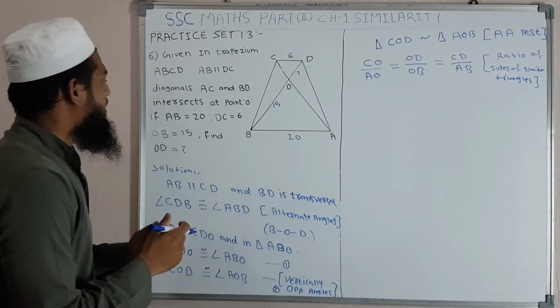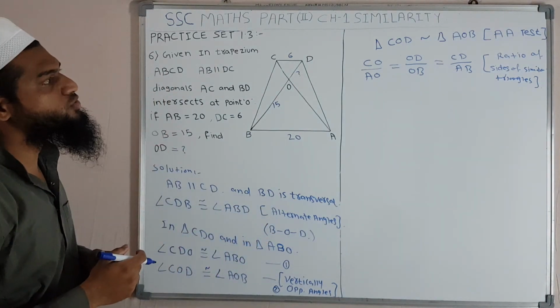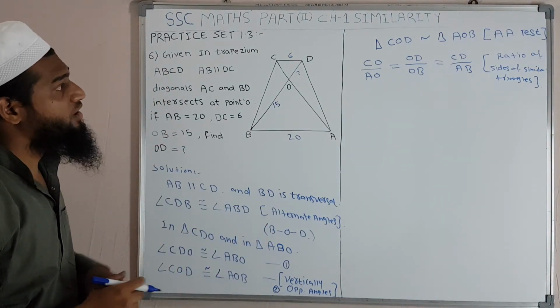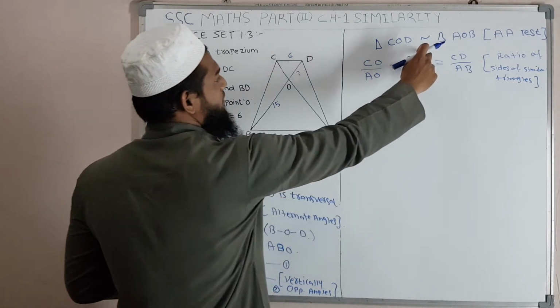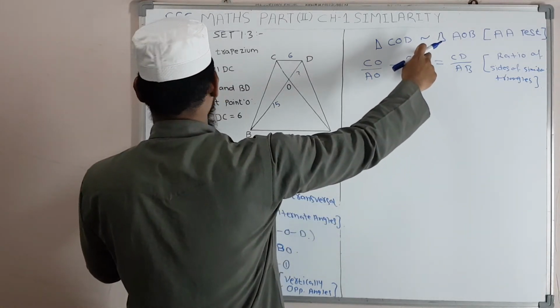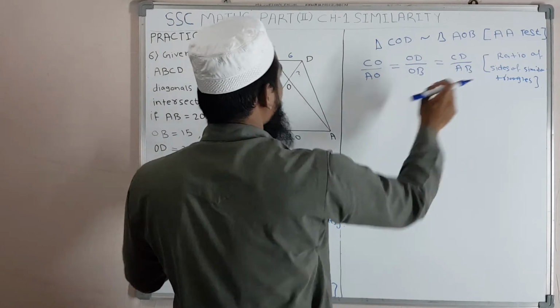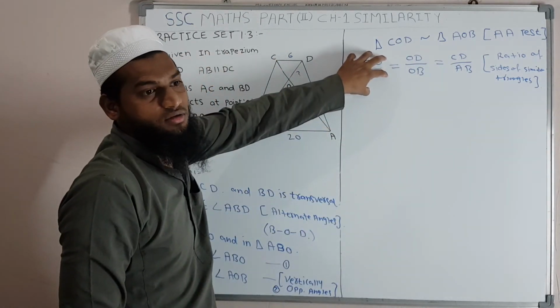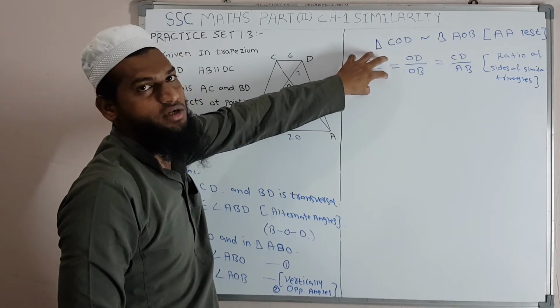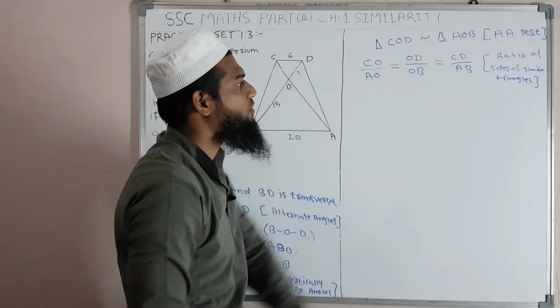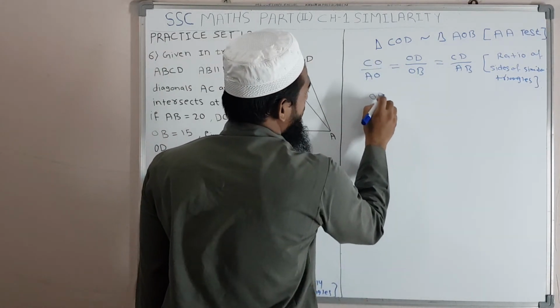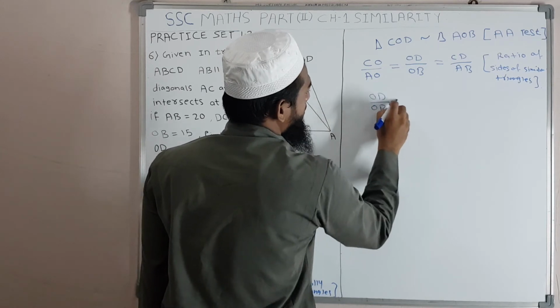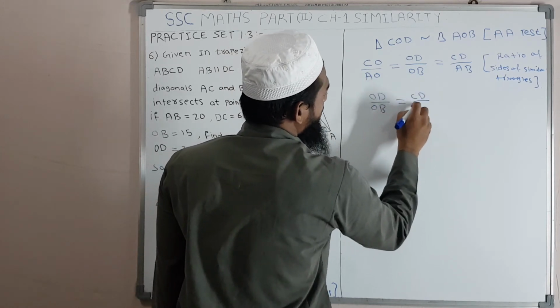Now we can put the values. We have to find OD, and we have the values of OB, CD and AB. So the first ratio is not helpful for us, so we take these two only: OD upon OB is equal to CD upon AB.